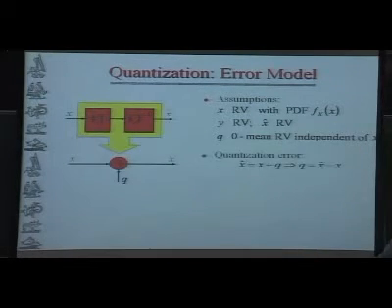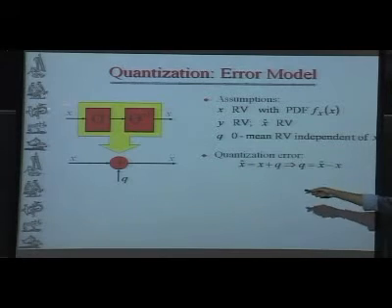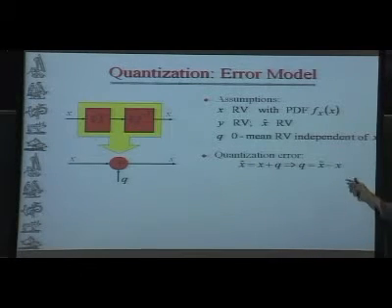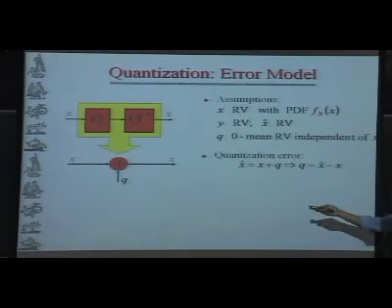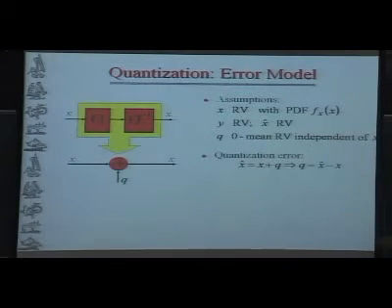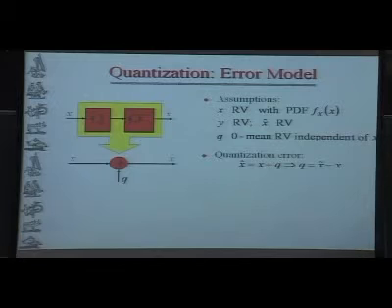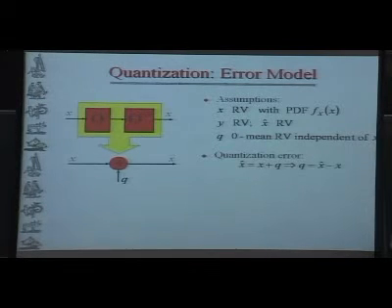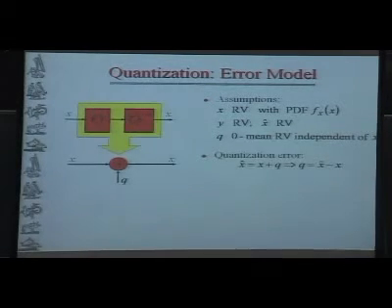Because q is equal to x hat minus x. So x hat is x plus q. And that's how I come up with this very simple model. So you can treat a quantizer at high rate just like you are randomly adding noise to the original signal. And that's why we were playing with some of the MATLAB exercise yesterday, right? That's exactly what it means. The quantization noise will be like that.